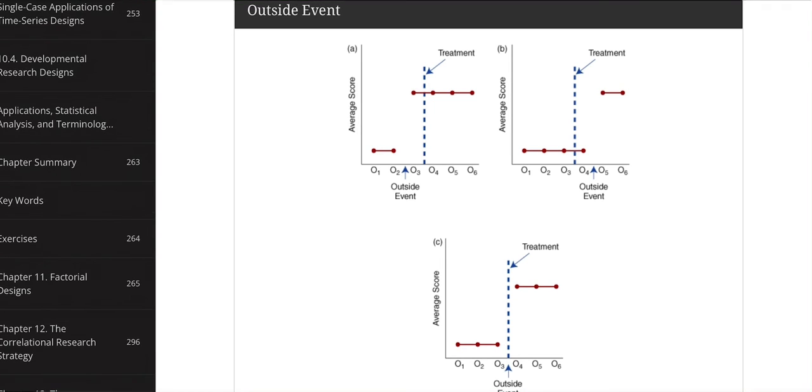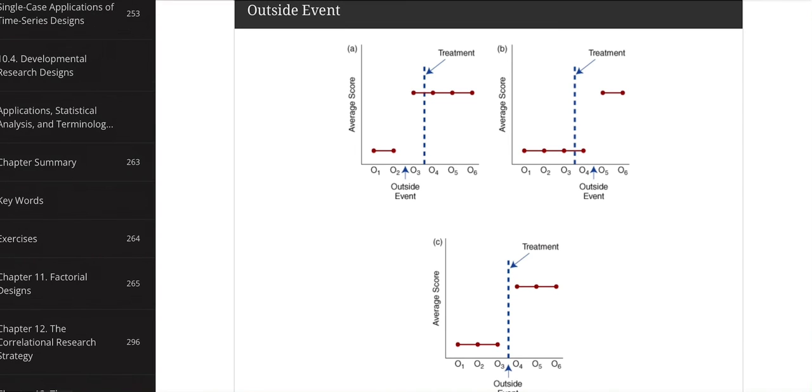And so that is one of the reasons why you can't make definitive cause and effect conclusions from this design, and why it is quasi-experimental, because in that situation, there would be no way to tease apart which one was the actual influence on the scores changing. And so that just kind of gives you an example of that.